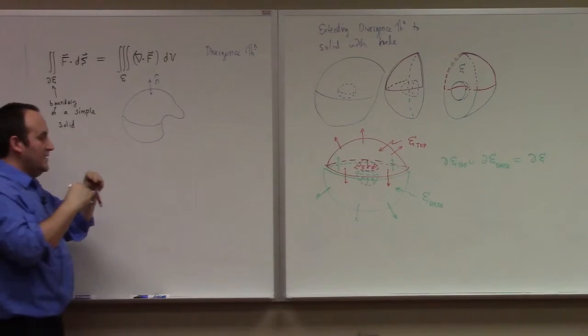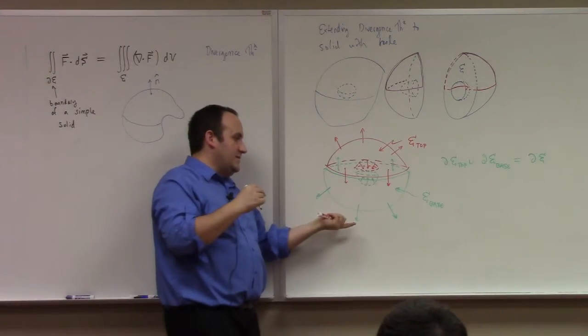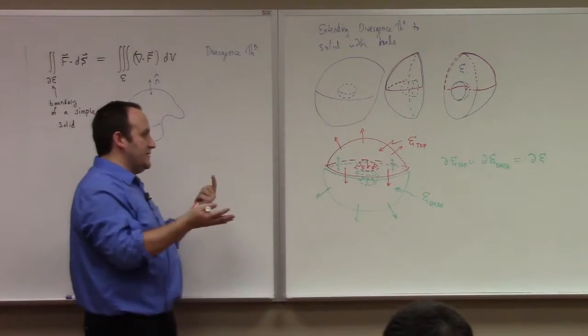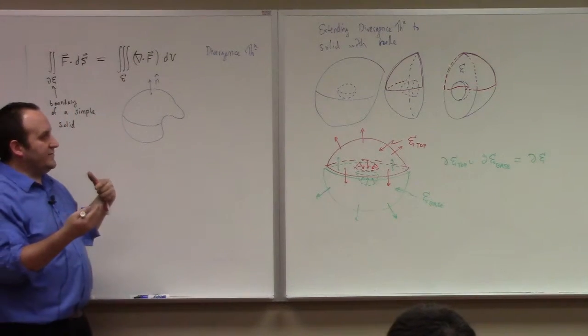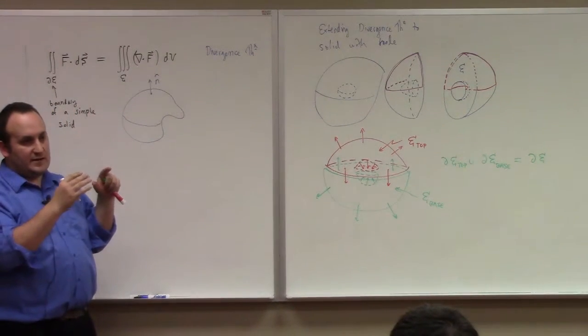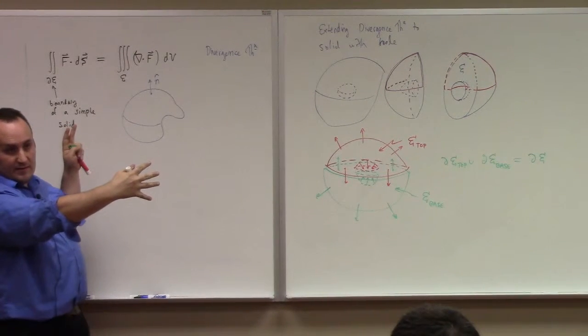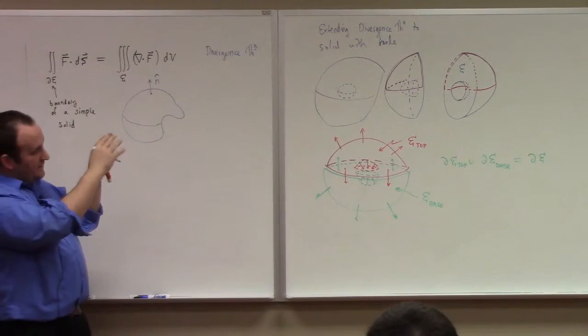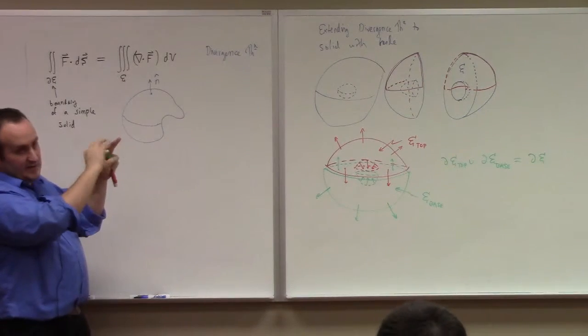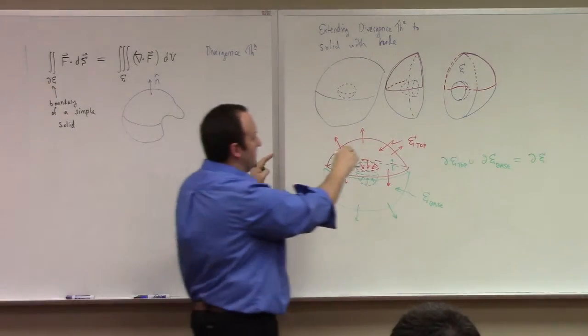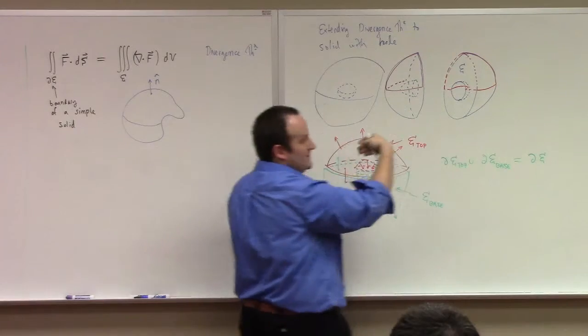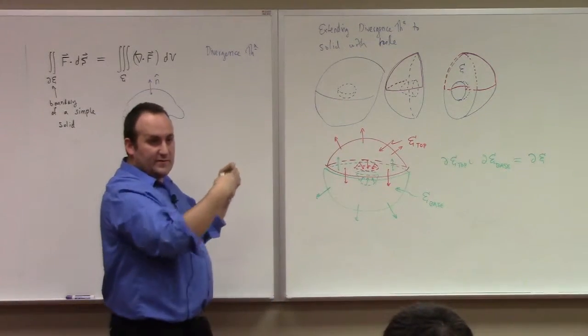And you see that giving the top piece and the bottom piece positive orientation implies that the natural orientation for the solid with a hole in it is that the outer skin has an outward orientation, right? But the inner skin, if you will, the surface of the hole, has to have inward pointing normals, right?